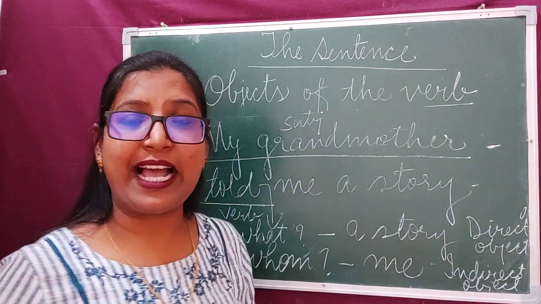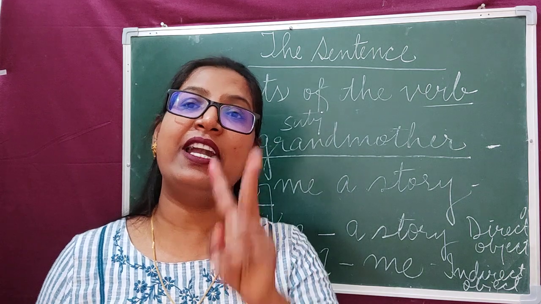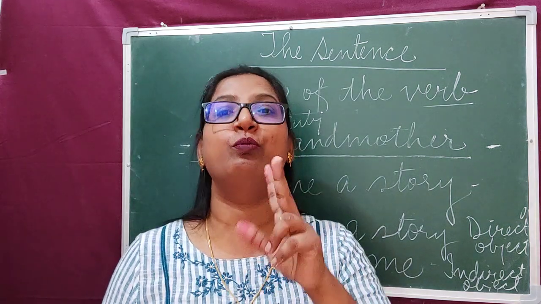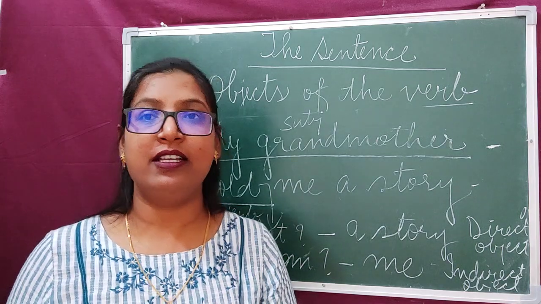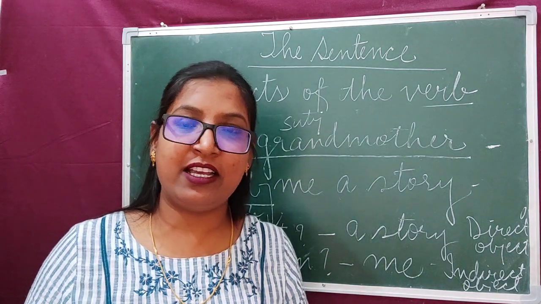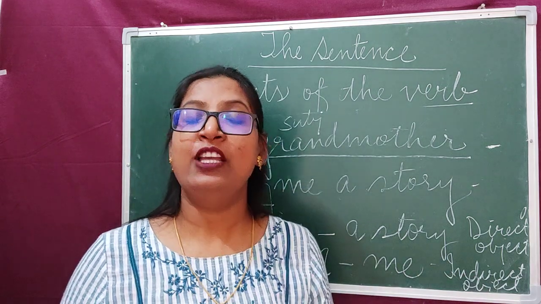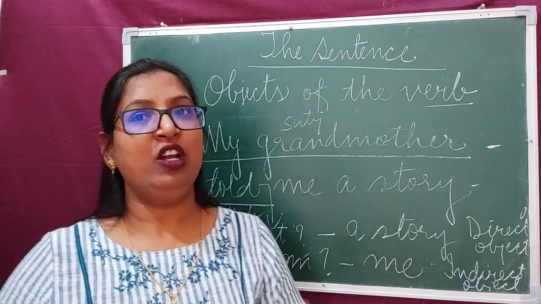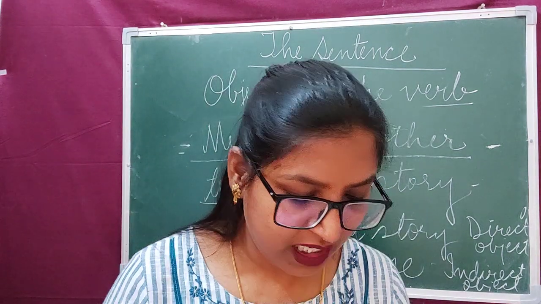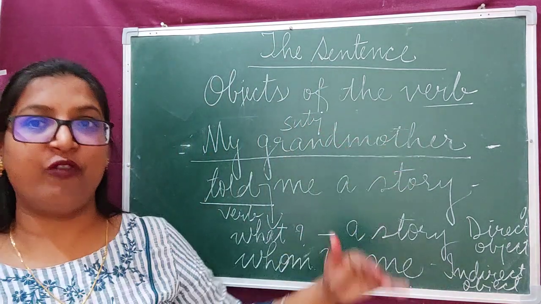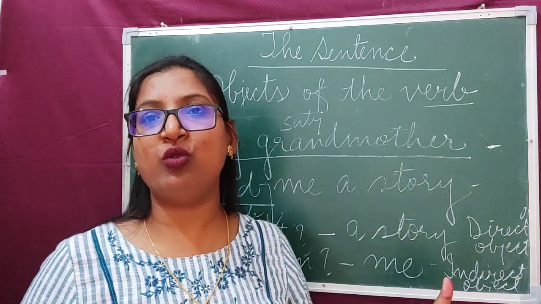Clear? We say direct object and indirect object only in case when we are having answer of what or whom both. Clear? If we are having only one answer, in that case we don't say it is direct or indirect object. We just call it an object. Clear? So dear children, I hope the steps of finding out an object are clear to you all.